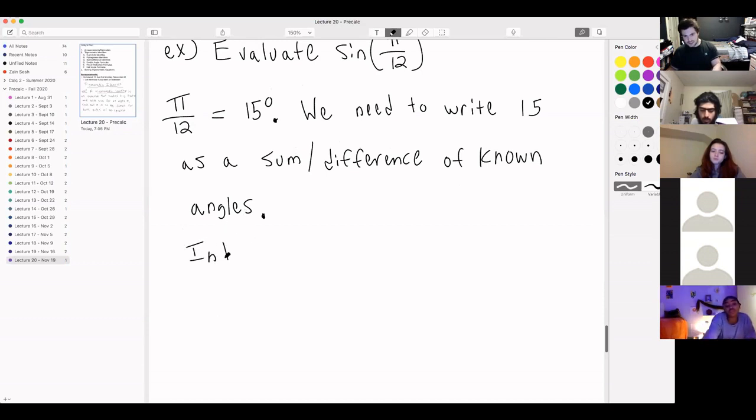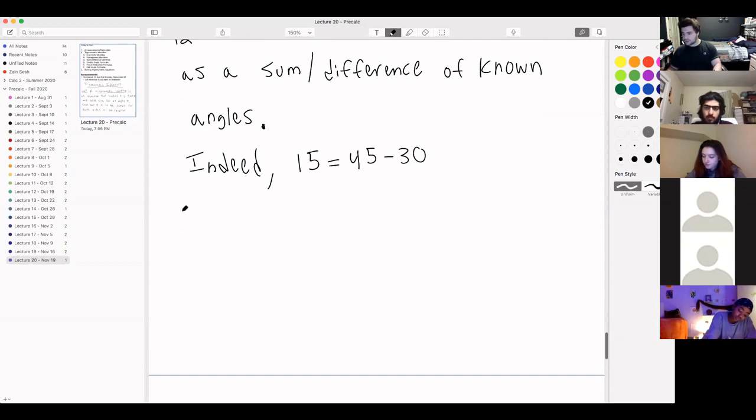Indeed, 15 is actually equal to 45 minus 30. So maybe you guys had this in mind even before I wrote it. This is the way to do it. You write 15 as 45 minus 30, and now you just go through the computation.